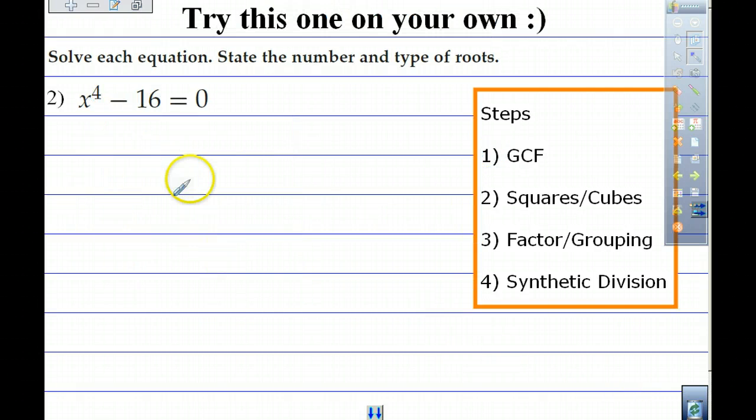The next one is a good example of, there's no GCF, but we have to remember all our difference of squares, difference of cubes, and sum of cubes formulas. Just to review, a squared minus b squared equals what? A minus b, a plus b.